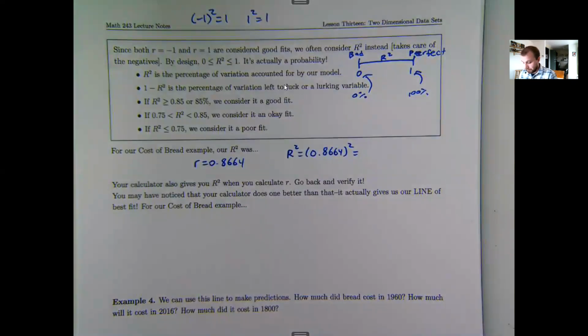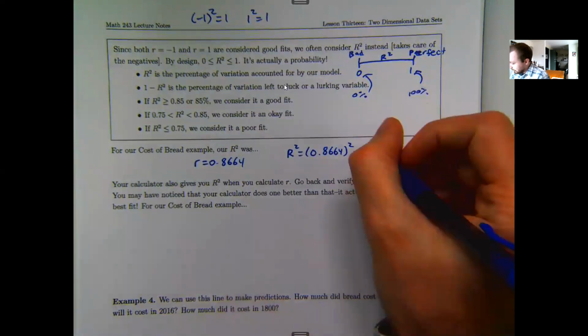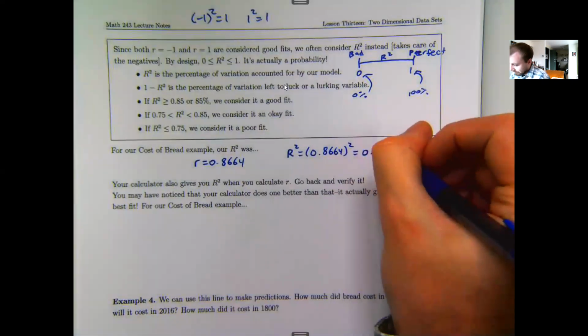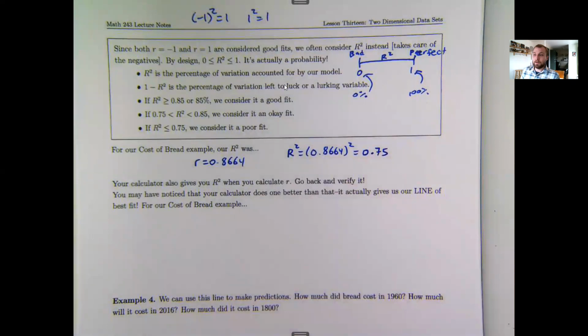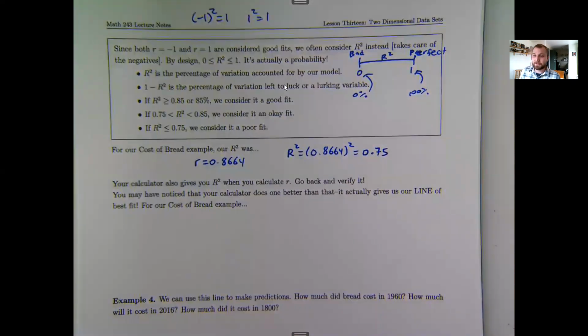And I find when you get this, it helps to think of this thing sort of like a letter grade. I'm getting 0.75 or so. So it's sort of like 75%, kind of like a line. 75% of the variation is accounted for by this model, which means 25% of the variation happens, and I don't know why it happens.